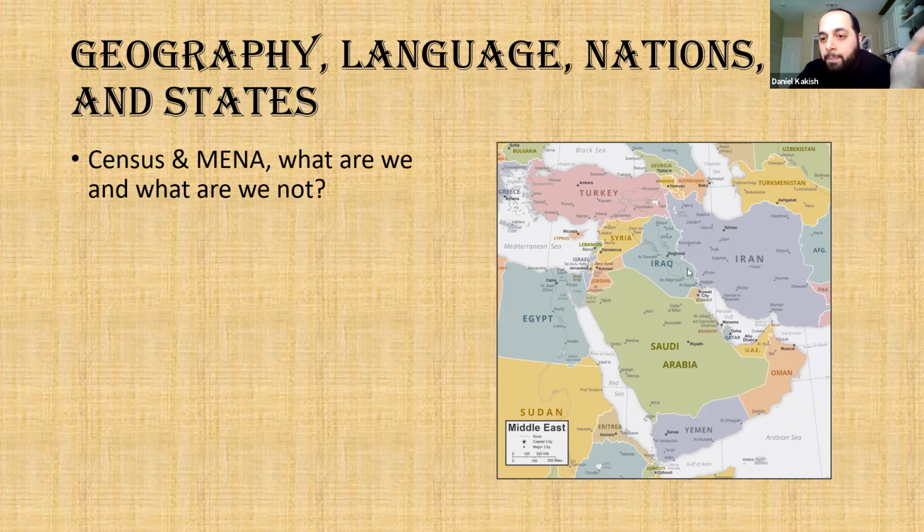This is existing in all of these borders, where you have people on the Turkish or Iranian sides of the border who identify ethnically closer and linguistically closer to people in Syria or people in Iraq than they do with Ankara or Tehran, right?